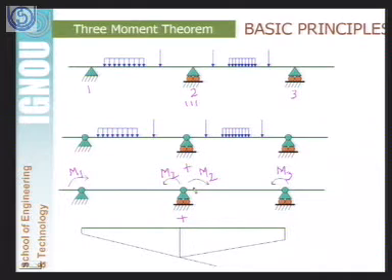So in effect, whatever moments we have released, we have applied in this structure, and if there is sinking of supports, say delta 1 sinking at node 1, delta 2 at node 2 and delta 3 at node 3. So these are the two conditions which we are adding.